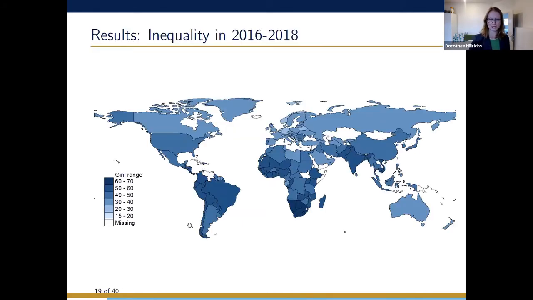So the results. This map I already showed you. We fill really many blanks, except for a few countries that have some other data constraints. You can ask how reliable our estimates are.